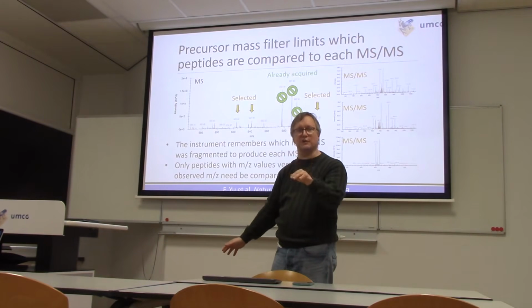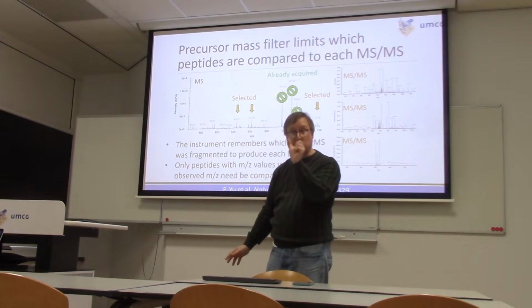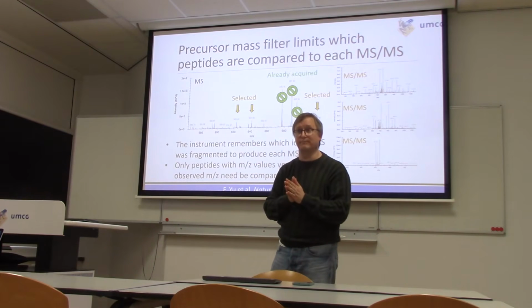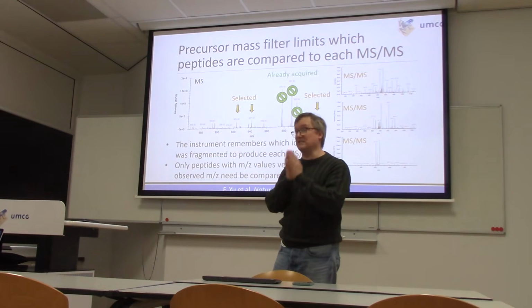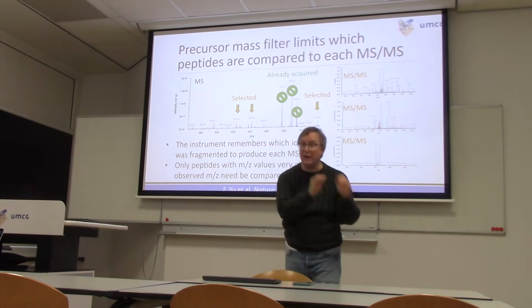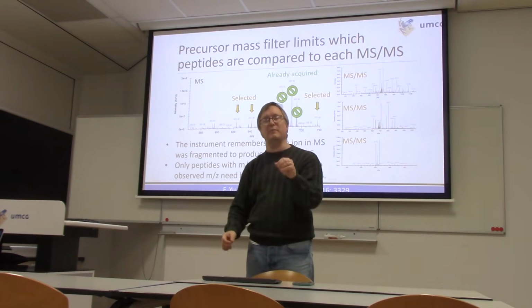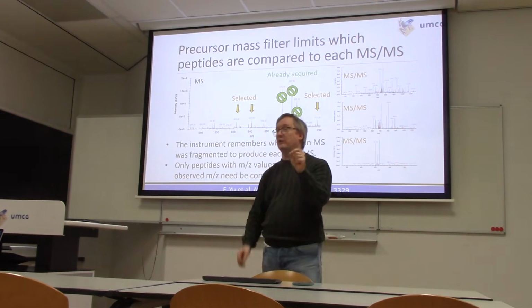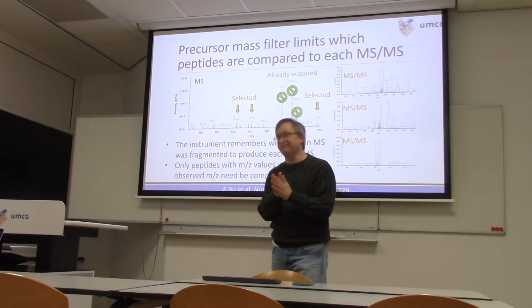We only need to consider those that fall within 10 parts per million of the ion we blew apart to create this MS/MS. Okay, that's the value of the peptide mass filter. We don't need to compare every possible sequence to every MS/MS. We only need to compare the sequences to a given MS/MS that agree very well on the mass that we blew up to create it.